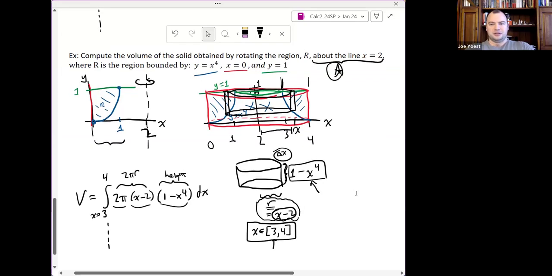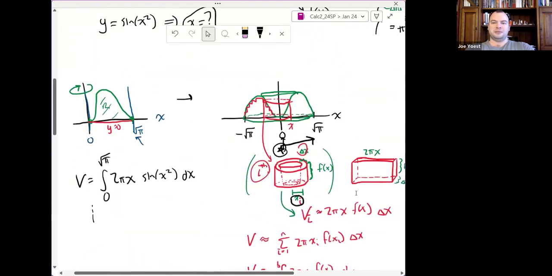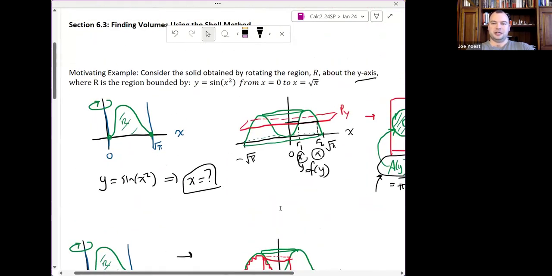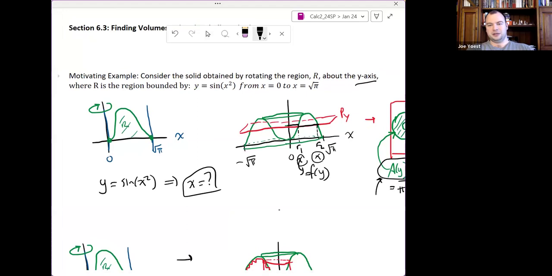And also that there's this idea that we've been using, whether it's in cylindrical shells or in the disk or washer method: we have a continuous problem, a nice continuous function, and we discretize it. We split it up into chunks of discrete units, delta x.